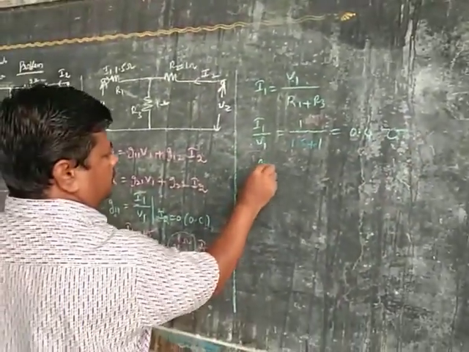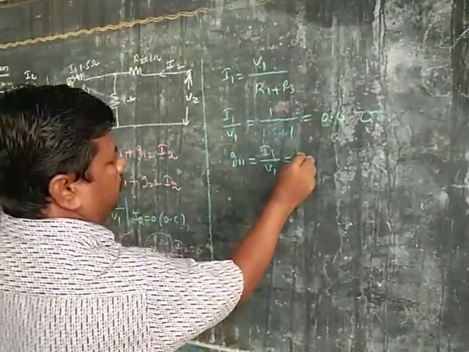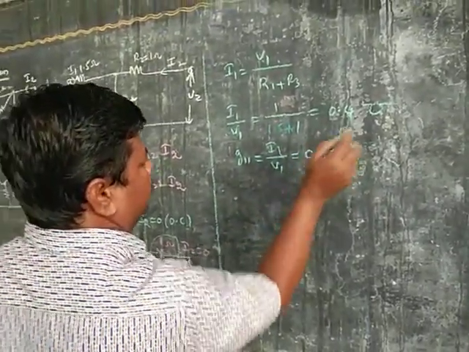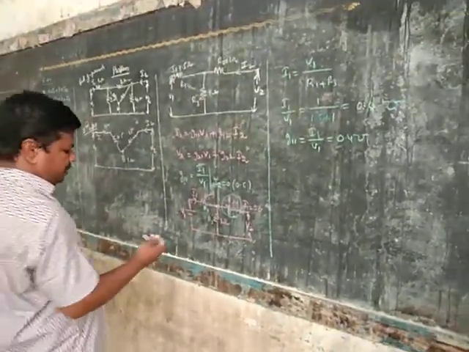So G11 is equal to I1 by V1, that is equal to 0.4 mho. That is the first parameter.